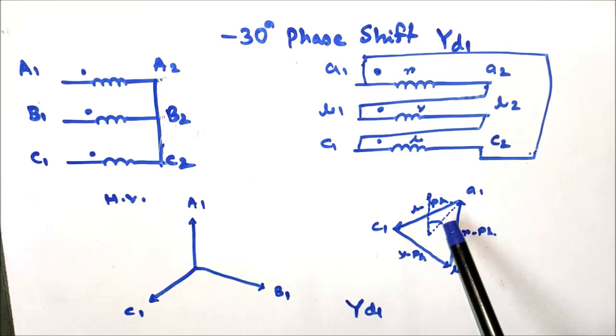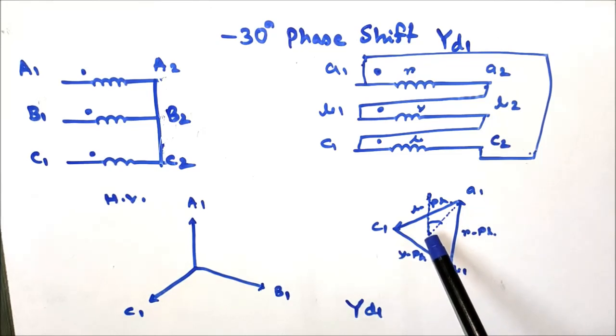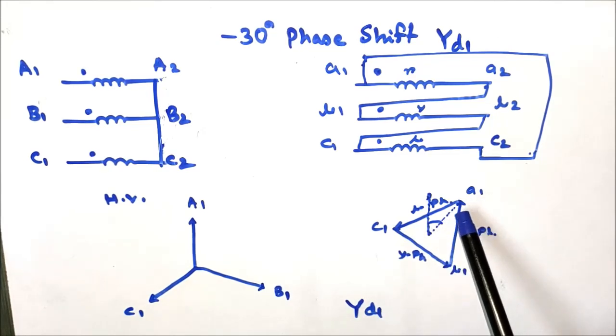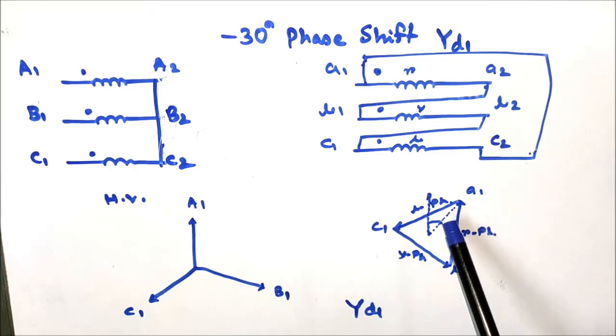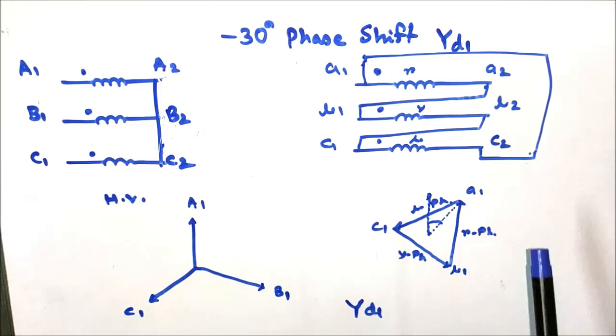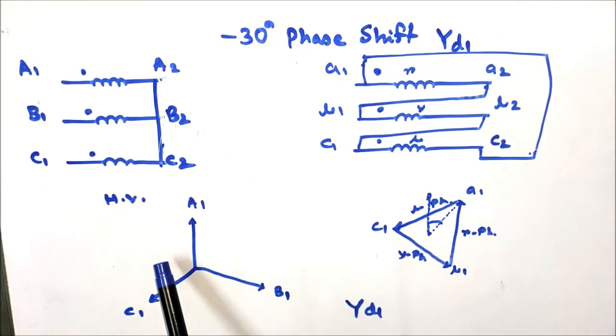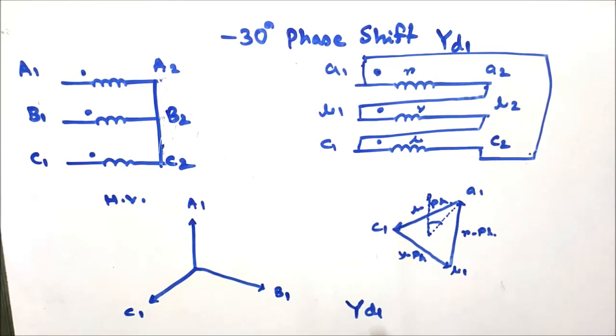And if we join this neutral with the red phase or A1 terminal, it will be a 30 degree phase shift, or it will represent 1 o'clock. That is, you can see the LV side induced EMF is a minus 30 degree phase shift with respect to the HV side induced EMF, and that is why it is called Yd1.